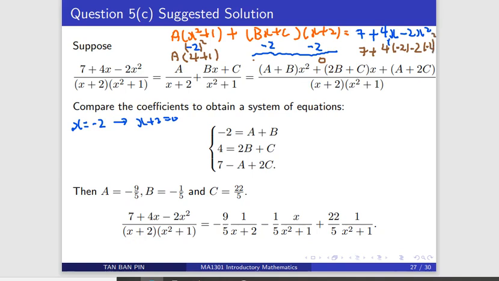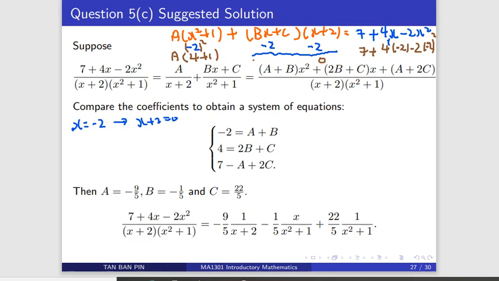So with that, on the left side you have 5a. On the right side it will be 7 plus 4 times minus 2 plus minus 2 times minus 2 square.